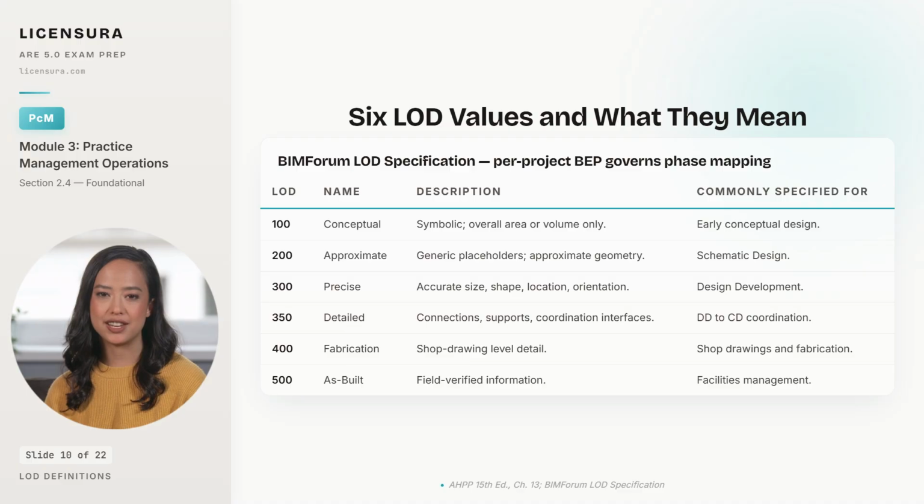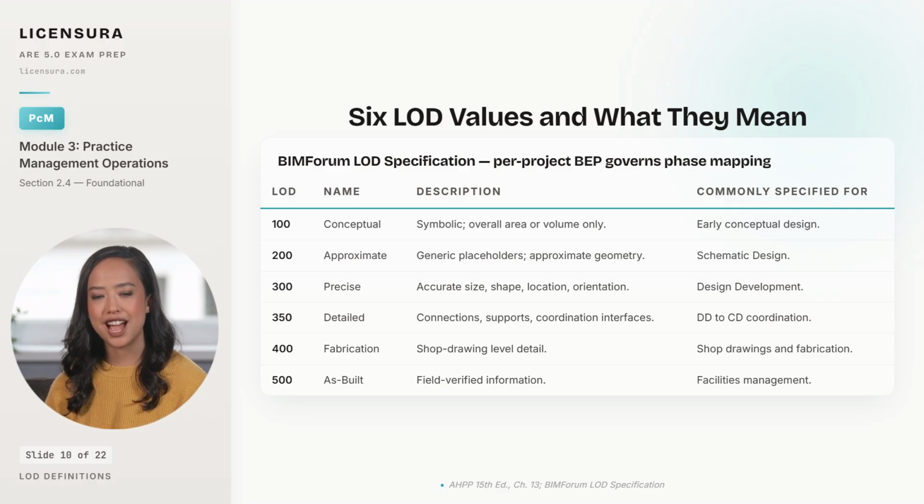LOD 200 is approximate, generic placeholders with approximate geometry, commonly specified for schematic design when the system selections aren't yet committed. LOD 300 is precise, accurate size, shape, location, and orientation, the level at which dependent disciplines can start coordinating against the model, commonly specified for design development.